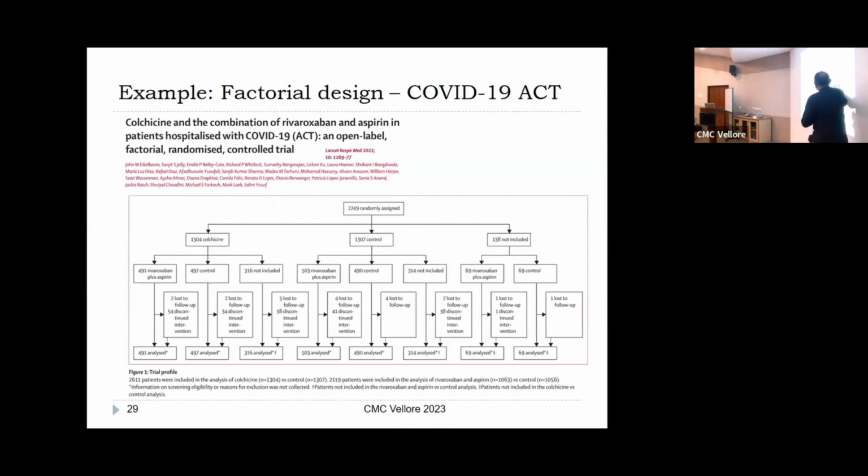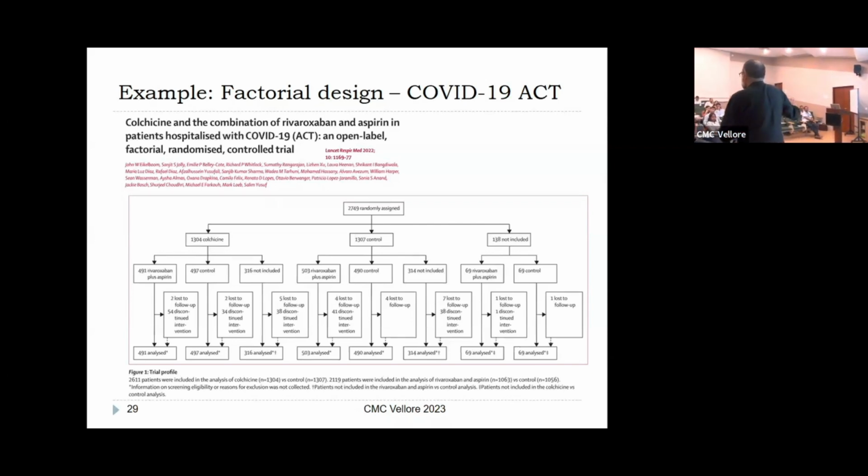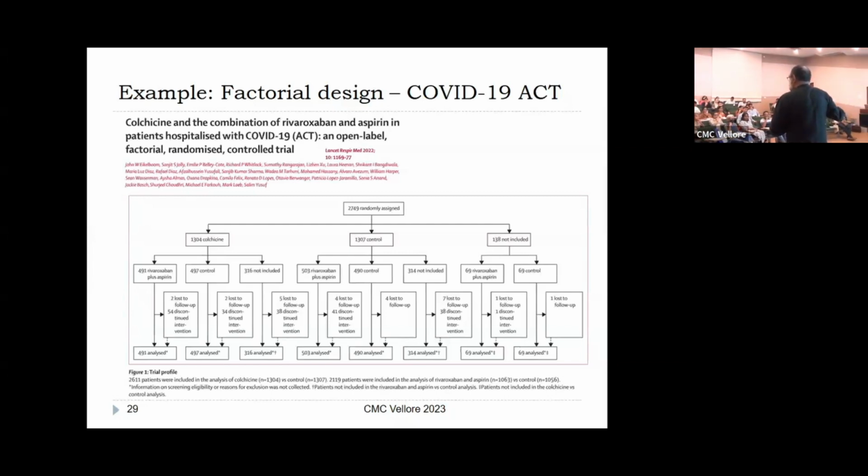They were not treated for the colchicine control, but they did participate in the rivaroxaban plus aspirin. We were able to get them back for this. So we called it modified intention to treat, and this was a difficult thing to get published because of this.